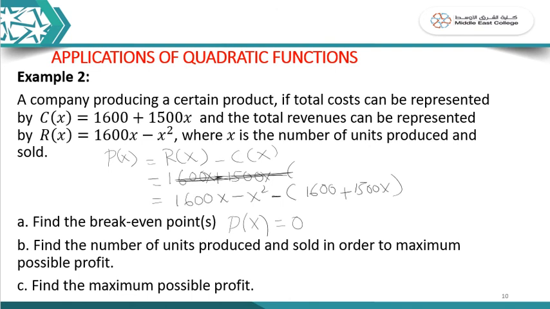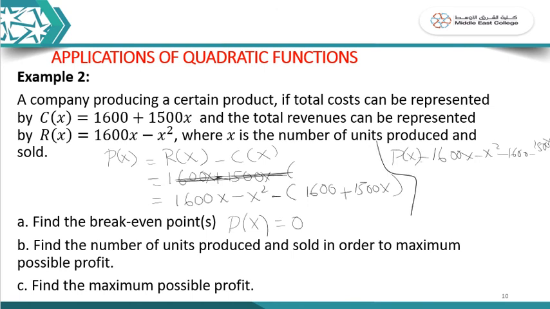I will get 1,600x minus x squared minus 1,600 minus 1,500x. So this will be equal to the profit p of x.